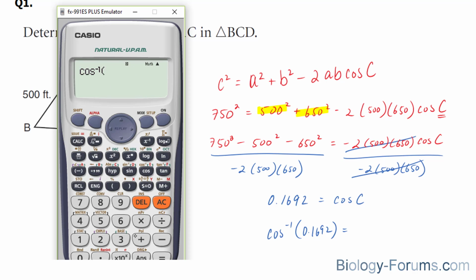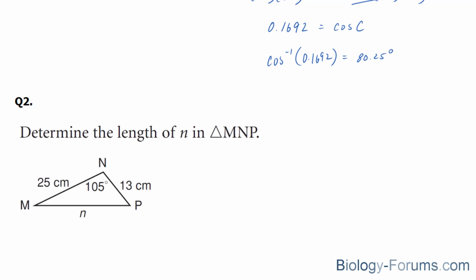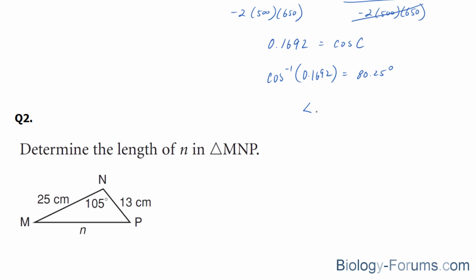Inverse cosine of 0.1692. This ratio represents 80.25 degrees. Let's move on to question 2. And it's always nice to conclude, so angle C, therefore, is equal to 80.25 degrees.